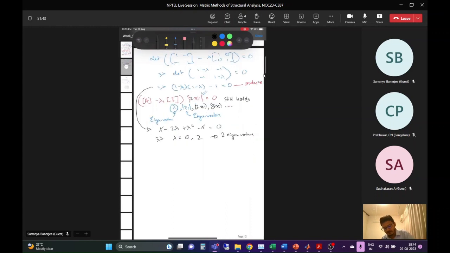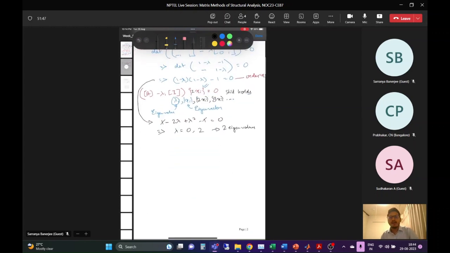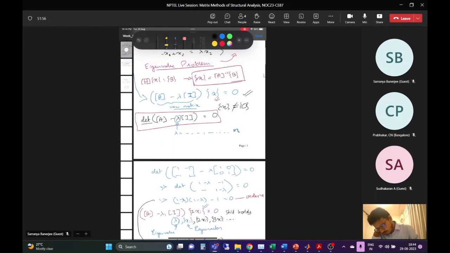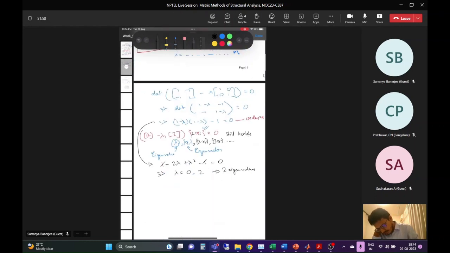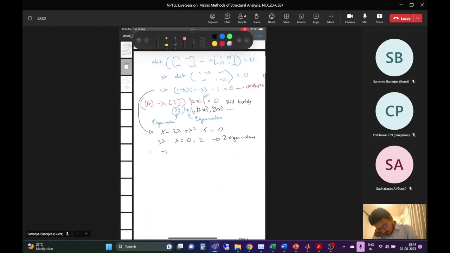Now we put the two eigenvalues in the two solutions. So we have the matrix 1 minus 1, minus 1 1, minus 0 I. This is one case.